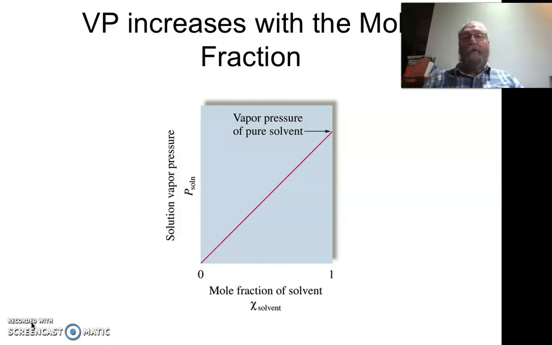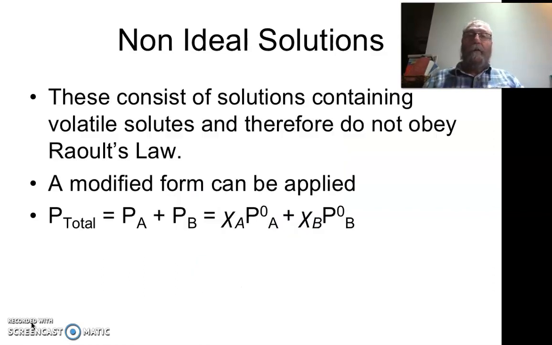If you have the pure solute, you have another vapor pressure, and there's a direct line relationship between these depending upon how much solute is in the solvent. It's very simple: the mole fraction determines the total vapor pressure.